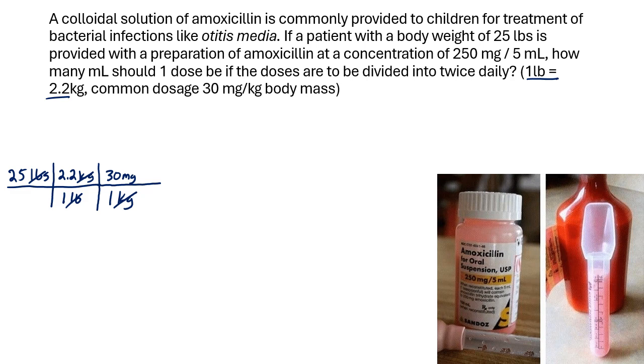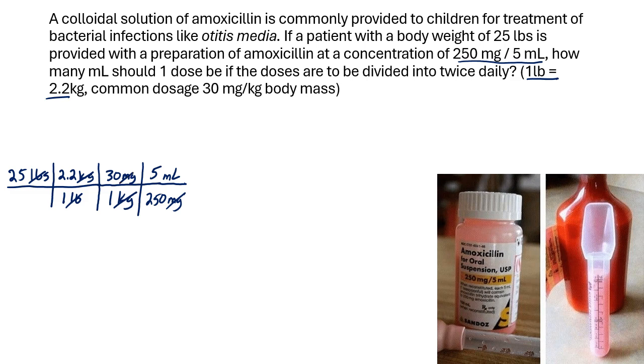So I will use the next relationship that tells me that every 5 milliliters of solution has 250 milligrams of active ingredient. But since I want the milligrams to cancel out, I'm going to put it on the bottom. So 5 milliliters of solution has 250 milligrams of active ingredient.